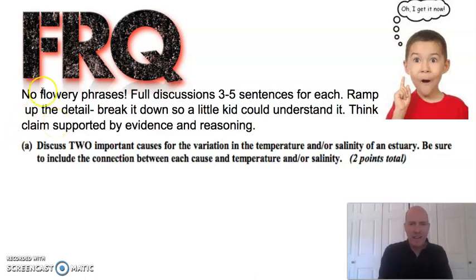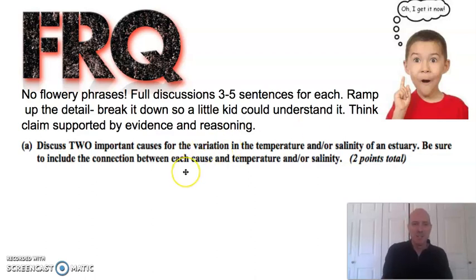We're not doing any flowery phrases like the estuary's good or anything like that. We're going for full discussions, 3 to 5 sentences for each. For this particular one, we really want to break it down so a little kid could understand it, like this guy. But we're going to keep our responses more sophisticated than a little kid could write, right?